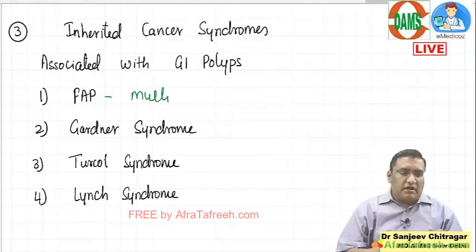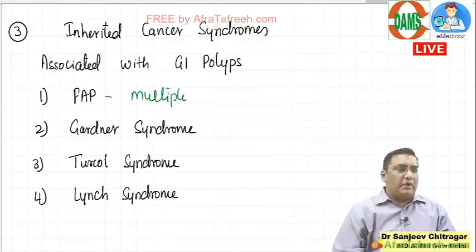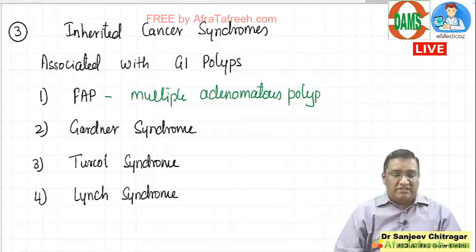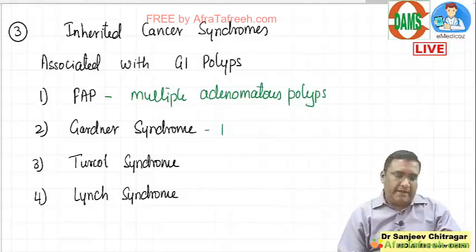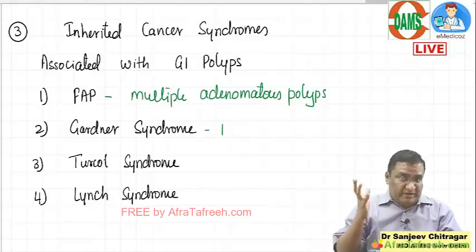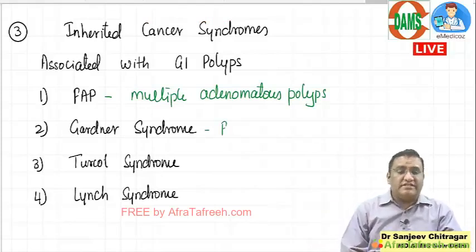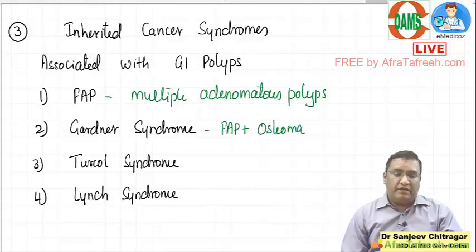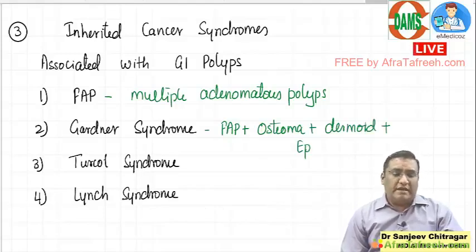What is FAP? FAP will have multiple adenomatous polyps anywhere in the GIT, and a history of cancer, commonly colorectal carcinoma in first degree relatives. Gardner syndrome is FAP, very important, plus osteomas plus dermoid, plus minus, plus epidermoid cysts.